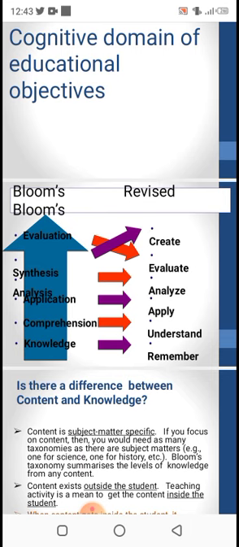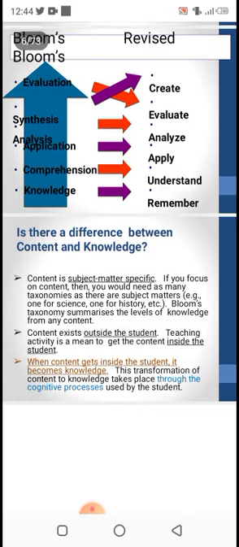We start with knowledge, comprehension, application, analysis, synthesis, and evaluation. And in the revised version, we have remember, understand, apply, analyze, evaluate, and create.